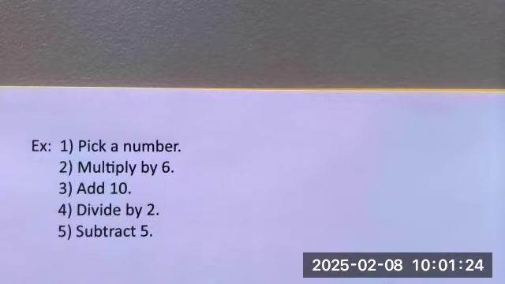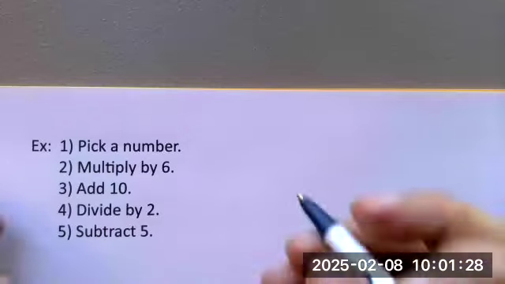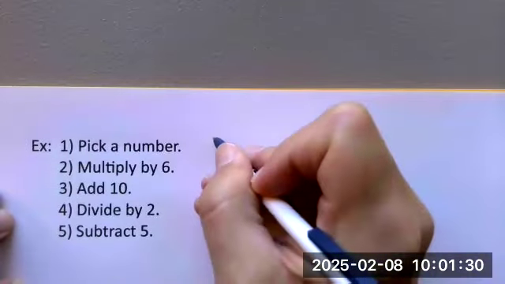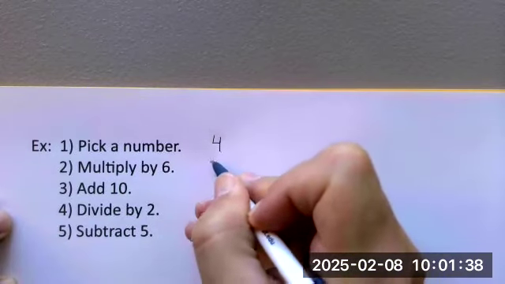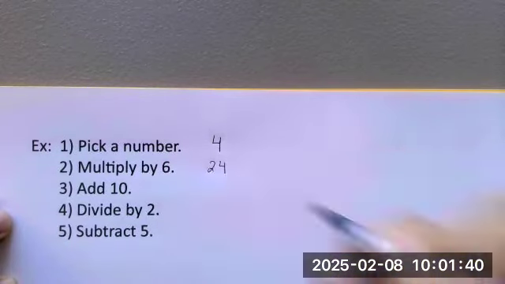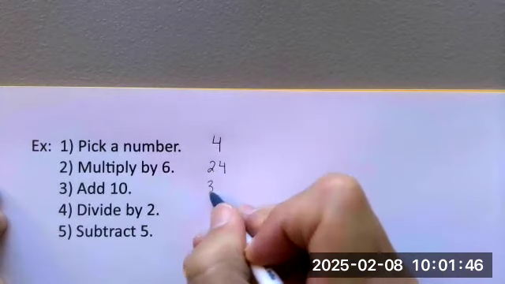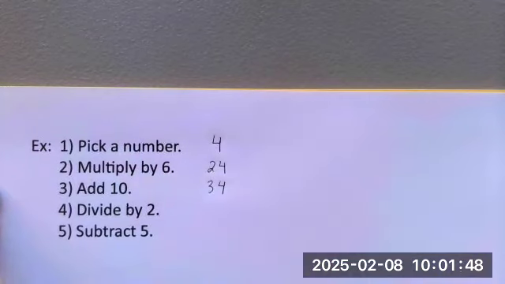I'm going to go ahead and just pick a random number, say 4. So what if I picked 4? 4 multiplied by 6 is 24. Then 24 plus 10 is 34.